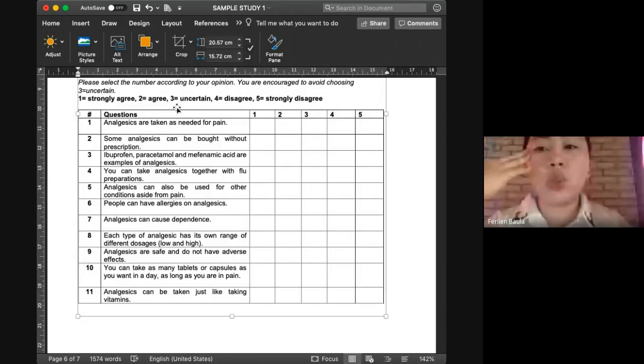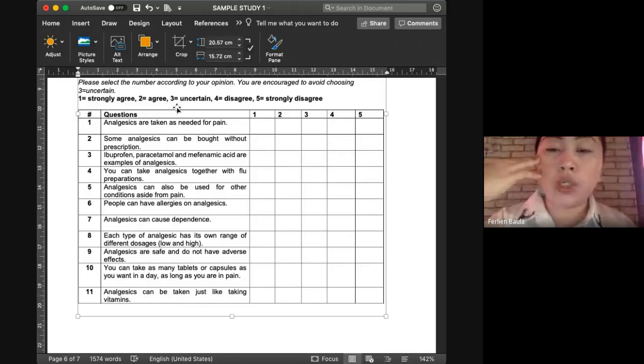So the respondent should choose between number 1 to number 5. So 1 is strongly agree and number 5 is strongly disagree. So with this type of Likert scoring, the lower the number of your answers, the total answers, the better. Diba? So you have to be mindful of your results.